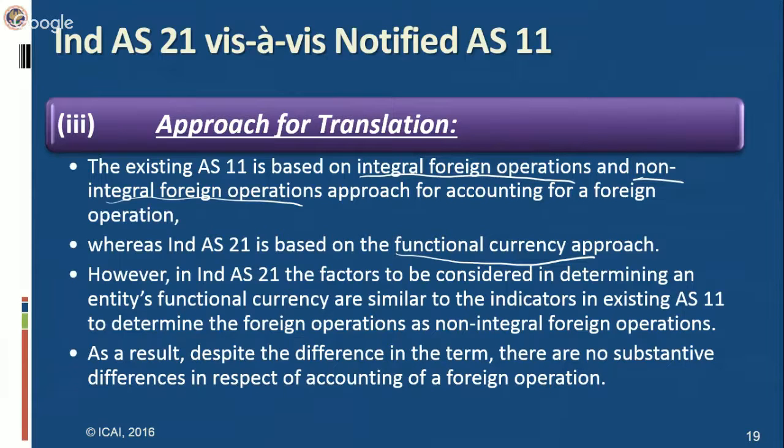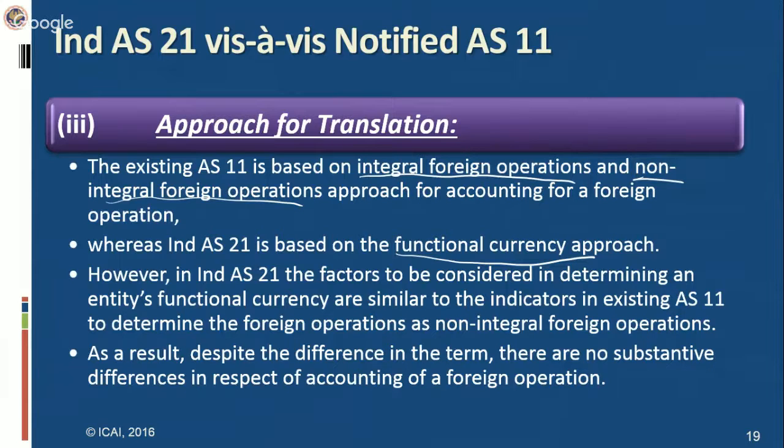Number two, the currency which mainly influences your cost part, that is labor cost or direct material cost or any other services you are incurring and paying for it. Third, the currency in which funds from financing activities are generated. Number four, the currency in which receipts from operating activities are retained, either by way of sales or by way of supply of any materials, whatever it is. So these factors determine which currency will be considered as a functional currency.